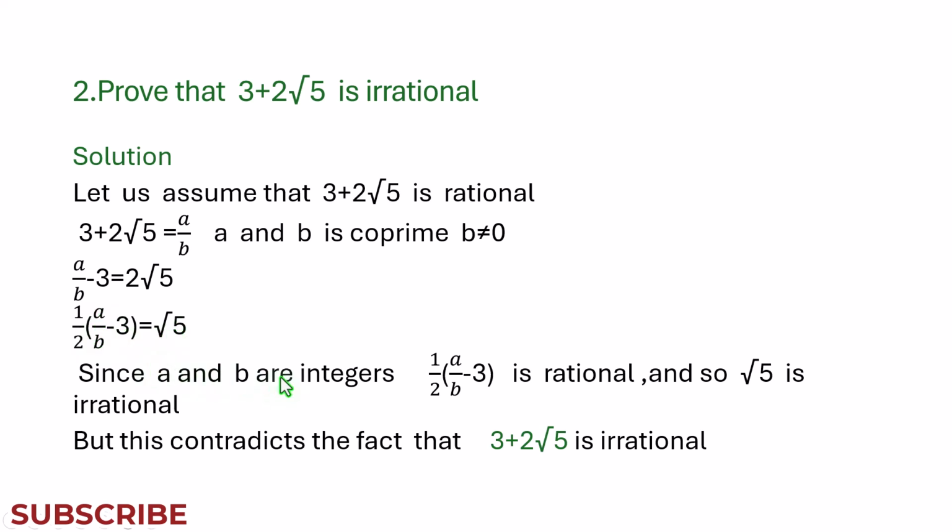Since a and b are integers, one upon 2 times a upon b minus 3 is rational, and so root 5 is rational. But this contradicts the fact that root 5 is irrational. Here left hand side is rational, right hand side is irrational, which is a contradiction due to the wrong assumption. So 3 plus 2 root 5 is irrational.